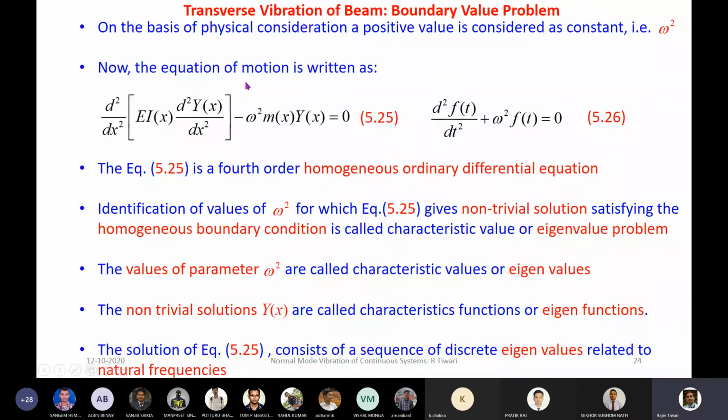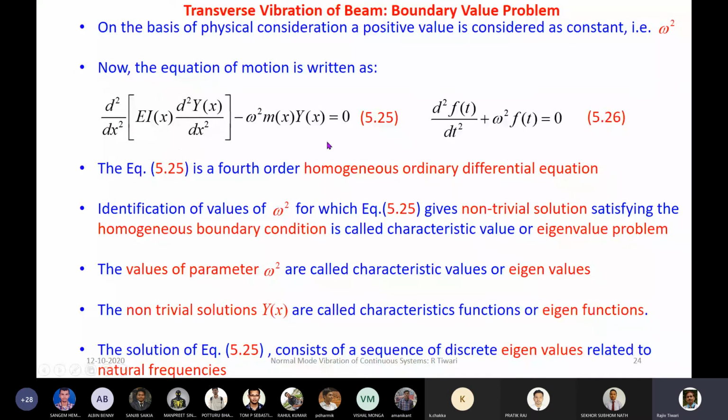So we could convert the fourth order partial differential equation into two equations, and now our interest is in this equation. Because force is not there in this, it is a homogeneous ordinary differential equation of fourth order.